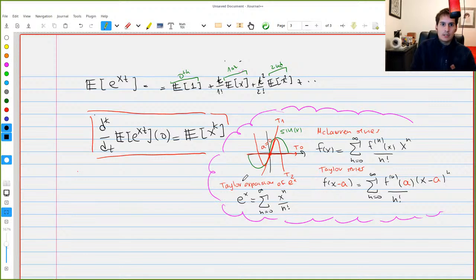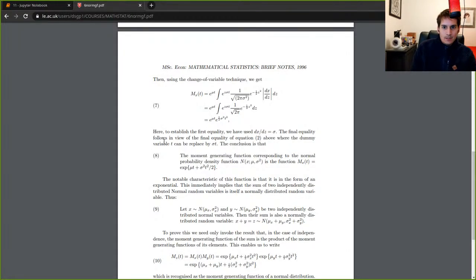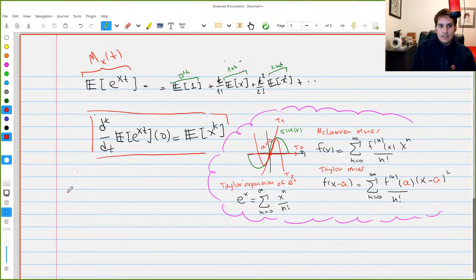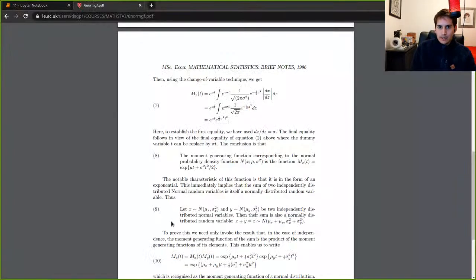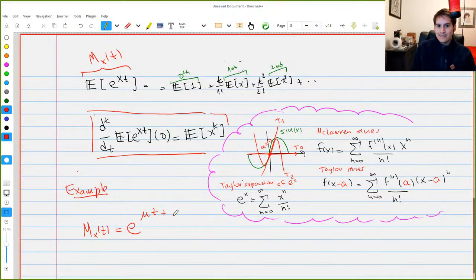So the moment generator function, we'll call it M of X of t, is equal to this. I know that this could be a little bit boring for the engineers. Bear with me a little bit.